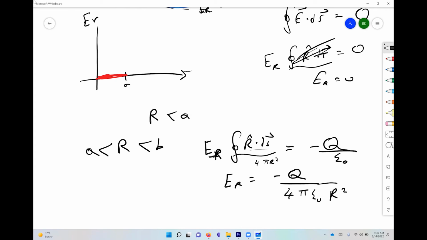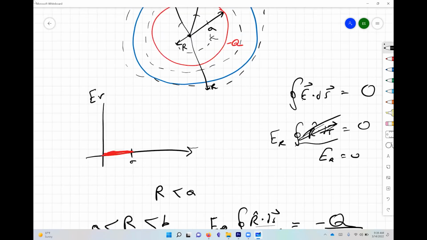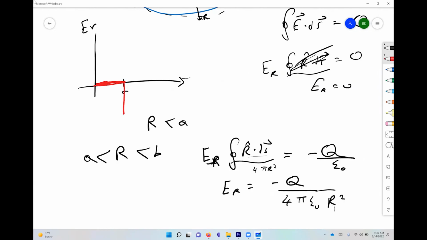So what would the field now look like? There's a sudden discontinuity. Once I cross a, I see the minus Q, so suddenly my field jumps. What is the field at that point? Instead of r, put a. The field jumps to minus Q over 4 pi epsilon naught a squared.